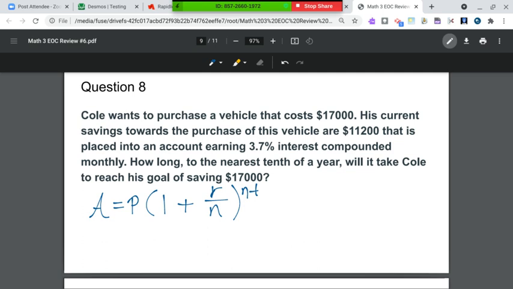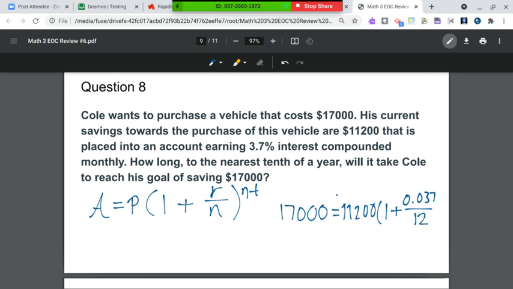He needs to reach 17,000. That's his A value. We know he's starting with 11,200. 1 plus his rate, 0.037, over 12.